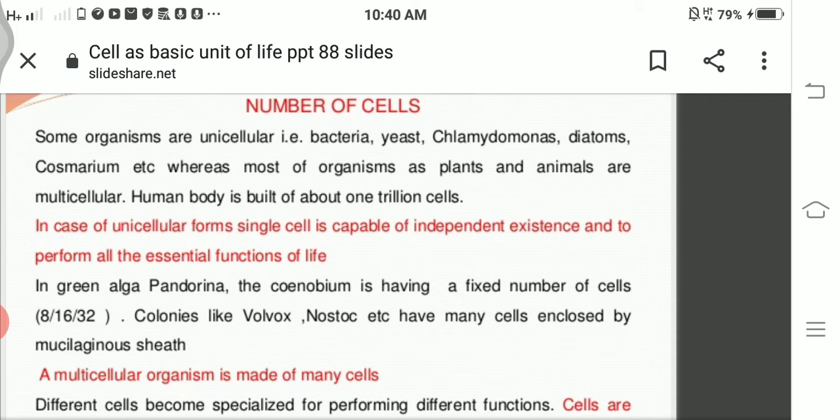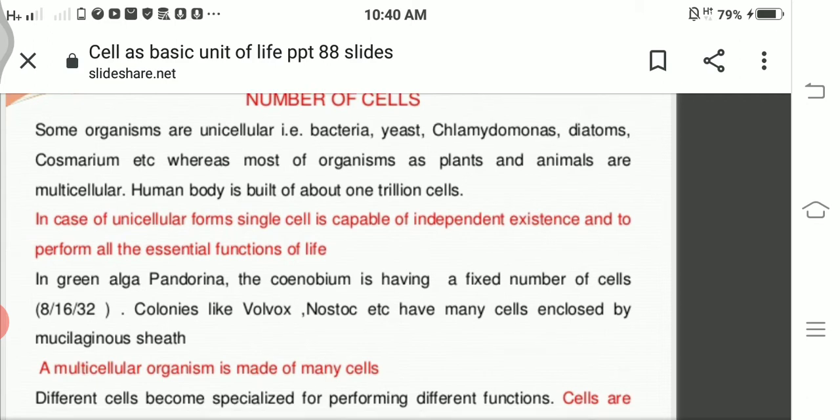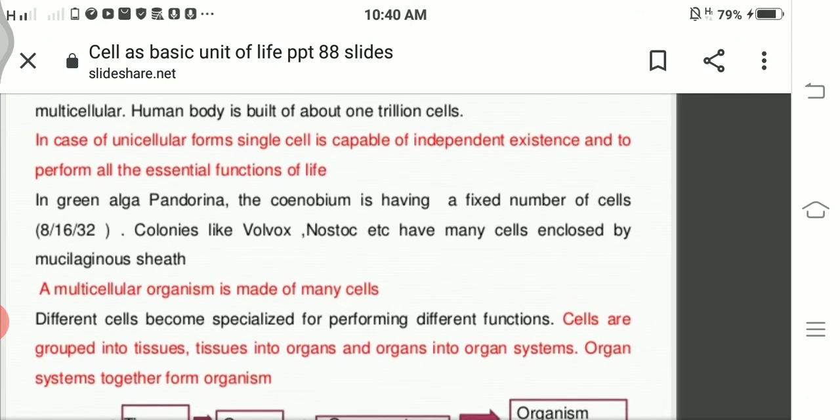In unicellular organisms, the single cell performs all the functions independently which are necessary for the existence of the organism. But in multicellular organisms, there is a division of labor in the cells.